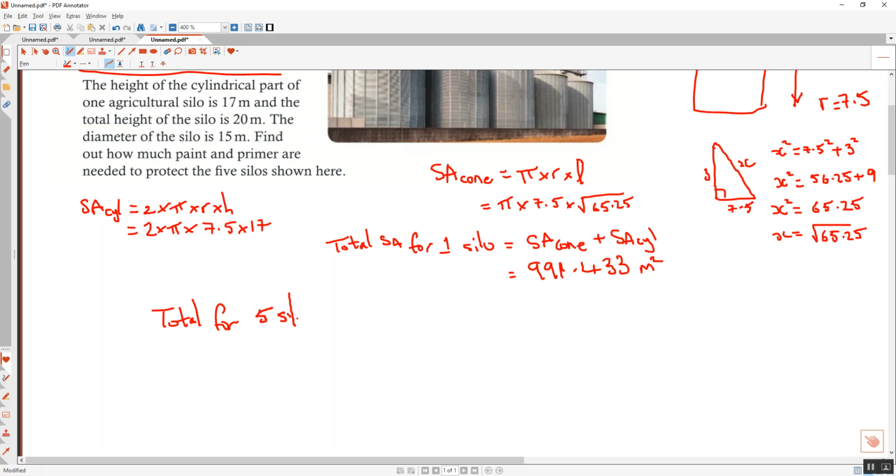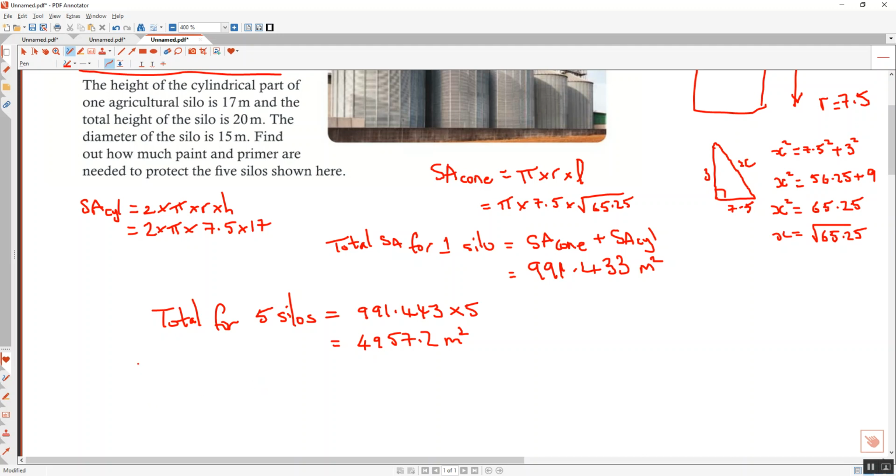Okay, we want to do the 5 silos first. So what do I need to do to my answer? Multiply by 5. And what do we get when we do that? 4957.2, rounded. Meters squared. So that is the total surface area for 5 silos.